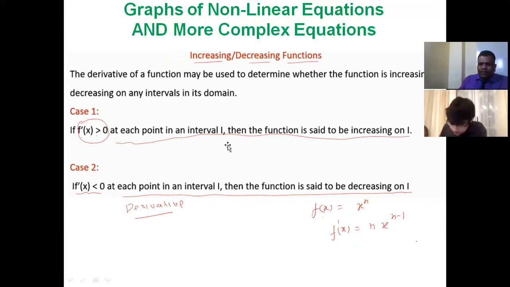Whatever power we have on x, bring it in front and reduce the power by 1. If any constant c is given, a constant function, in that case the derivative of f of x is going to be 0. I will take 2-3 examples to understand the derivatives.